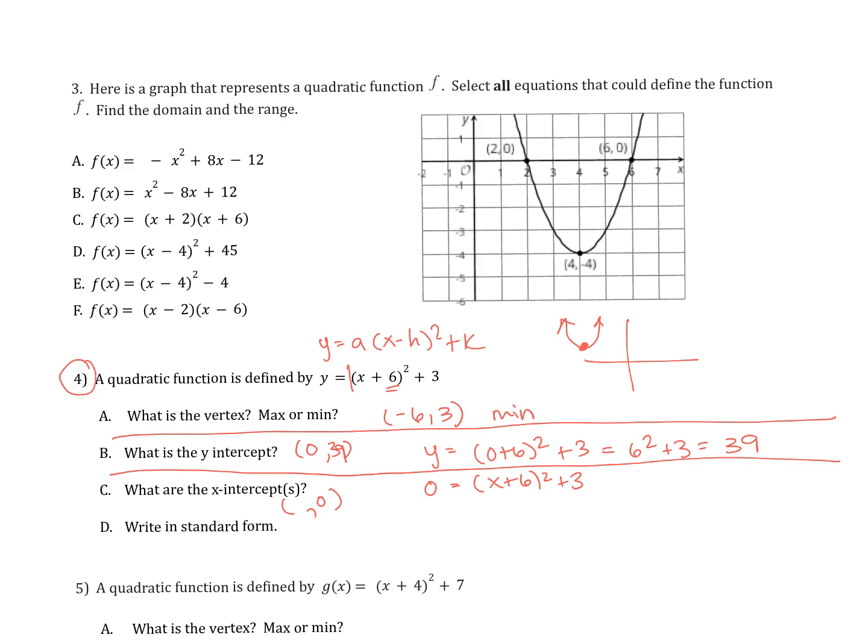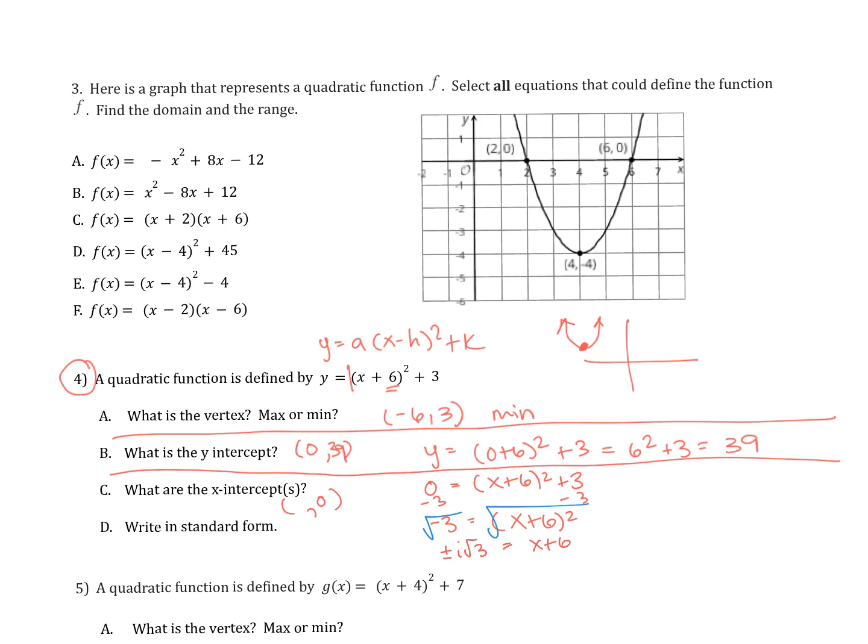Before I take the square root, I'm going to isolate my squared term. I'm going to subtract 3 from both sides. I get negative 3 equals x plus 6 squared. I'm going to take the square root of both sides, and right now you can see where my imaginary number is going to come out. This is going to give me plus or minus i square root of 3 equals x plus 6.